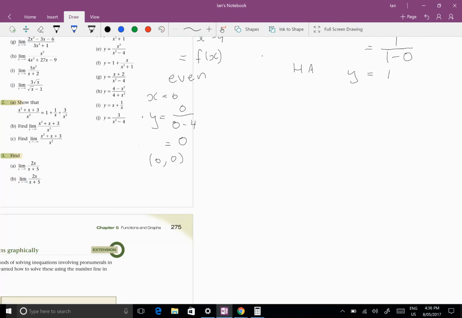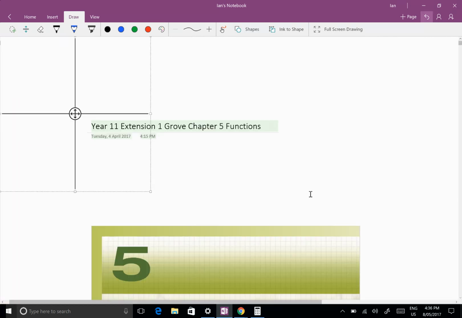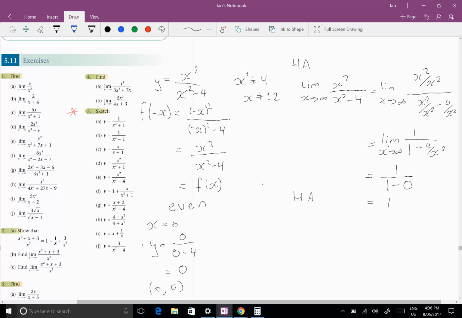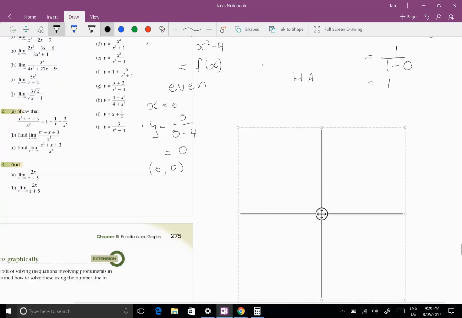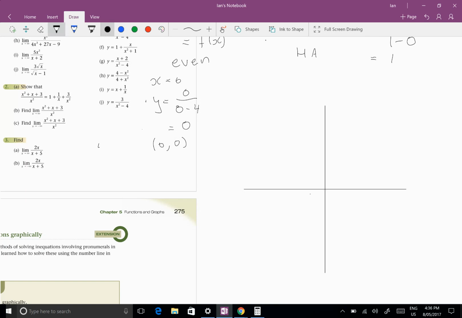So what am I going to do now? Well, let's put all the information I've got already onto the graph. Here we go. What do we know? Well, we know that y can't equal 1 and x can't equal plus or minus 2.